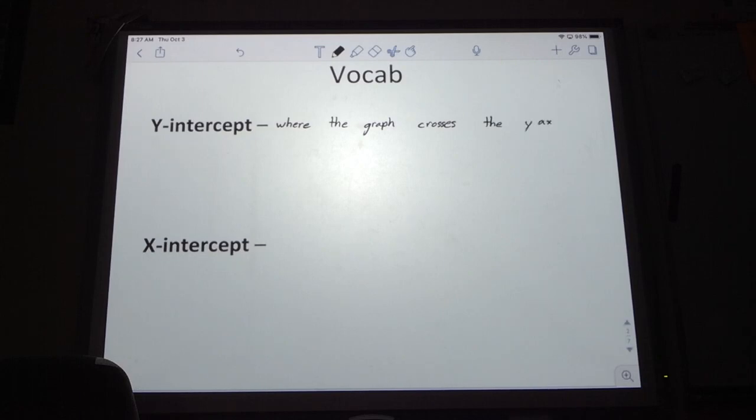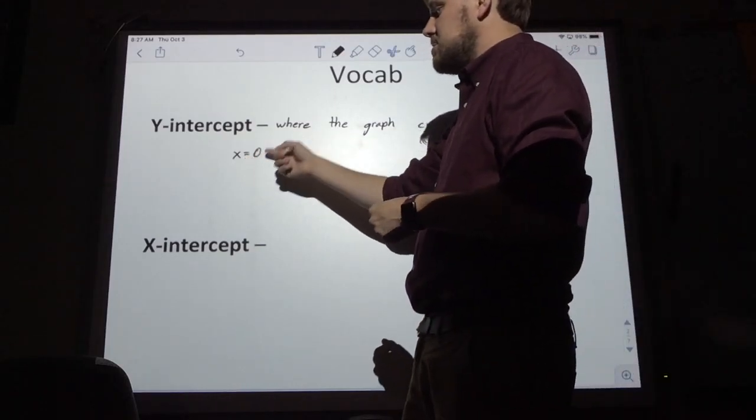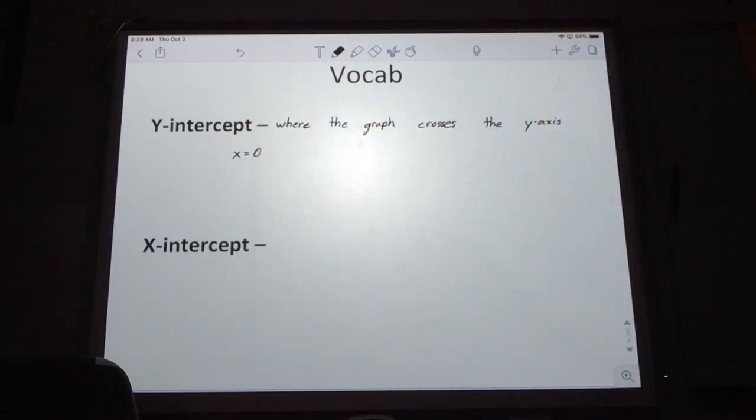Okay, where the graph crosses the y-axis. And this is always going to be when the other letter is 0. So when x equals 0. So if they've given you an equation and ask where the y-intercept is, all you have to do is change the opposite letter to a 0. And then you can figure out where that intercept is.